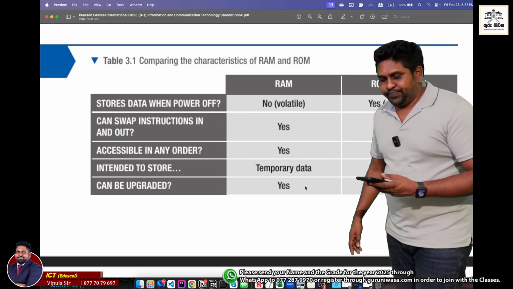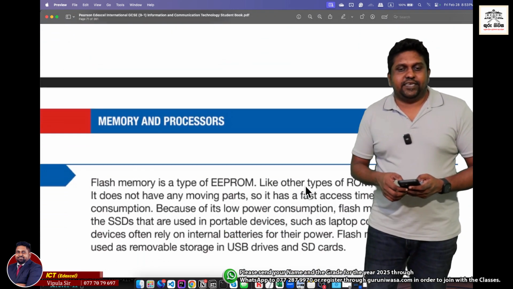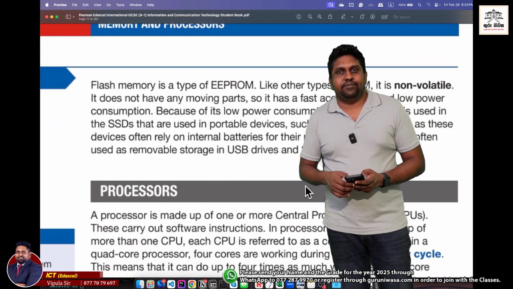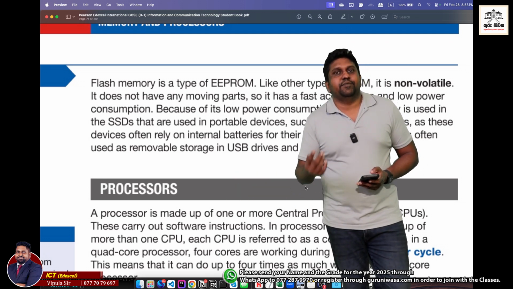So, back in the day, we had a very serious problem with these ROMs, because these PCs came with ROMs for the BIOS, right?